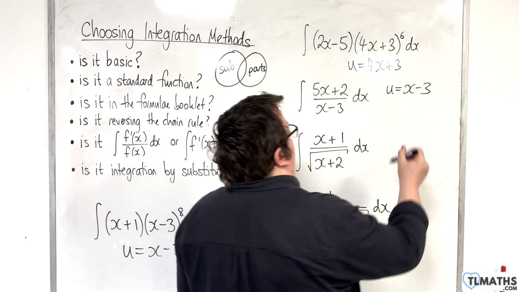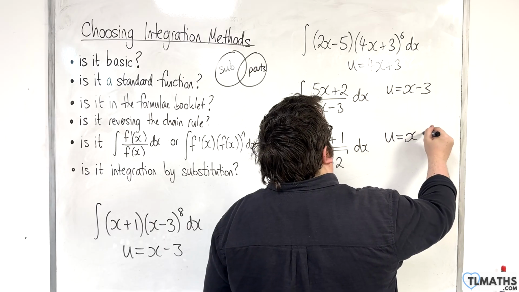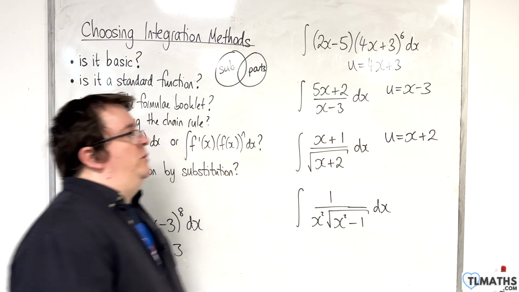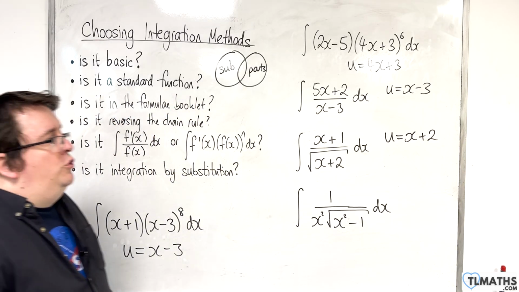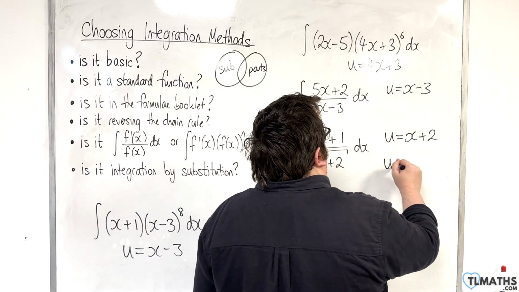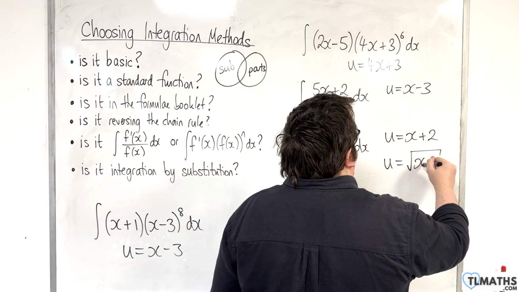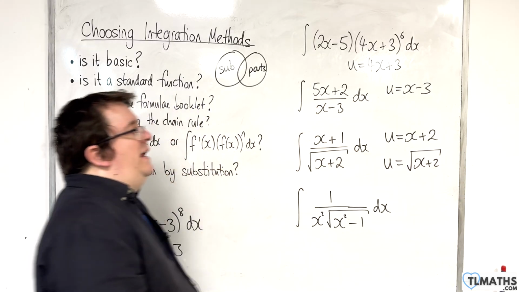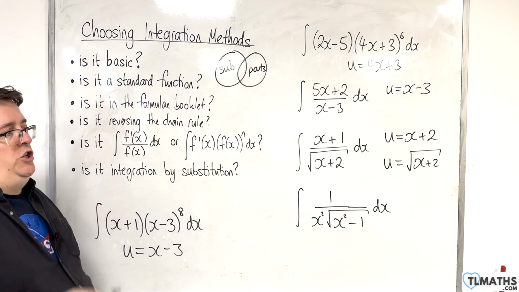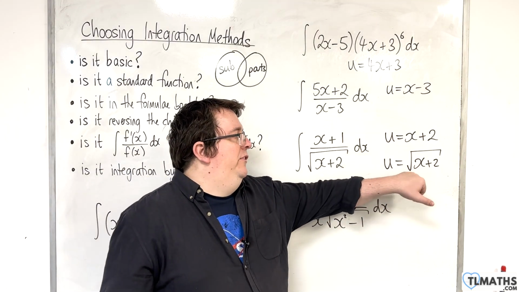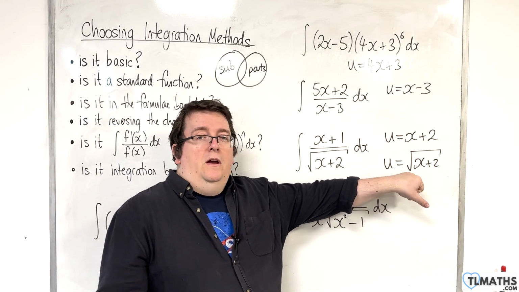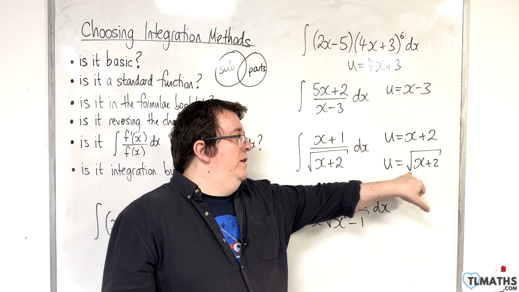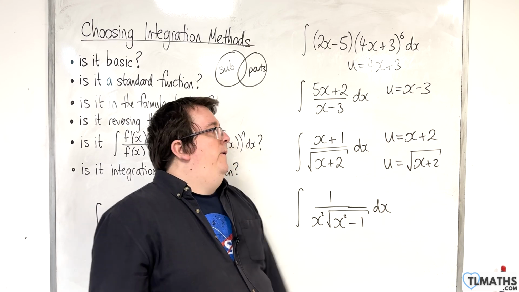Again, I would choose u is equal to x plus 2. That would be my personal choice. However, you could alternatively use u is equal to the square root of x plus 2. Now, the only reason why I personally wouldn't choose that is because this is invariably harder, because you've got some differentiation involved with using the chain rule.